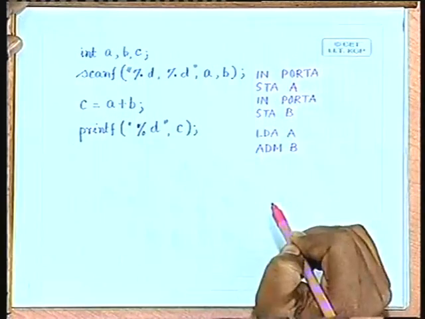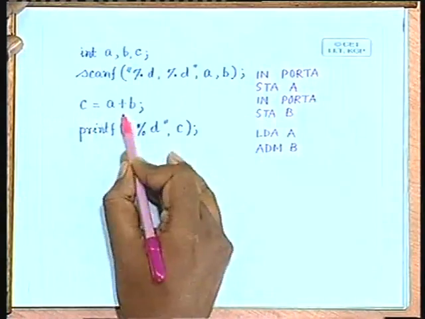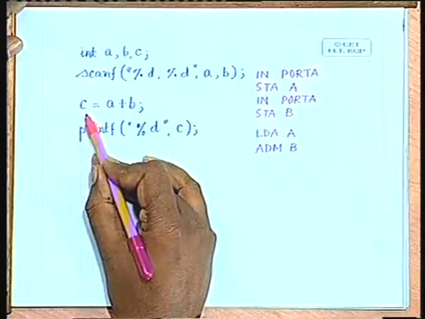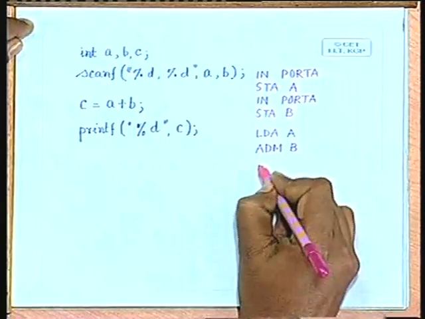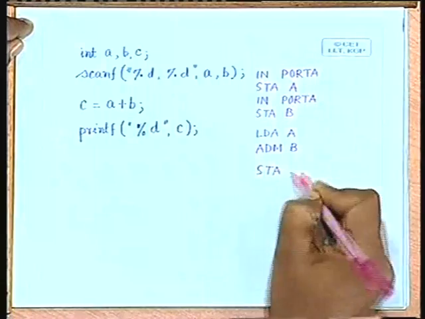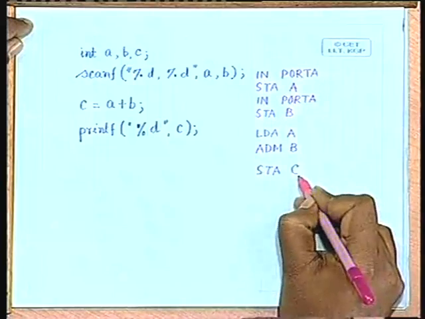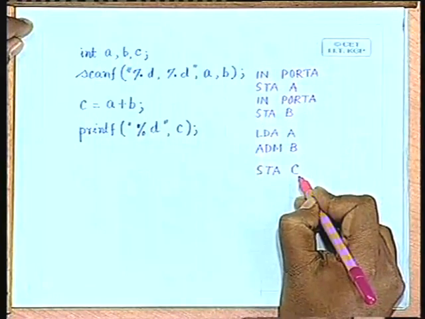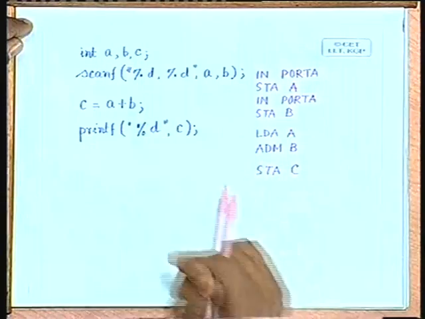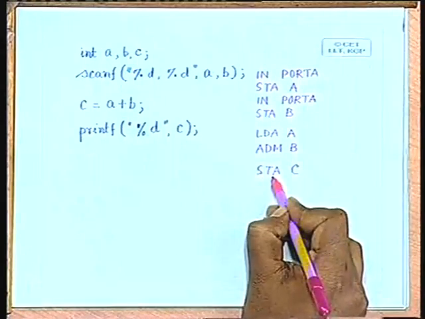So, the next operation that we have to perform is, because this statement says that the result of this addition has to be saved in the variable C, we have to perform the same store accumulator operation, but this time the value will be stored in the location which is assigned to variable C. And at the same time, the printf command says that we want to get a printout of this value of C, which is also available in the accumulator.